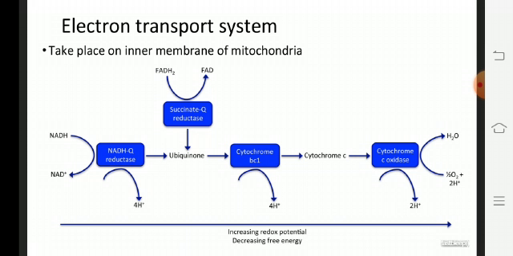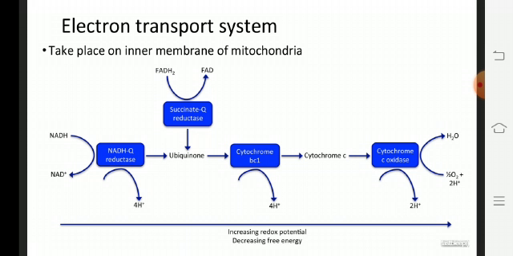Then the quinone, ubiquinone, accepts the hydrogen. Just observe this schematic representation. Then this ubiquinone accepts the hydrogen from FMNH2, so that FMNH2 is oxidized to FMN.